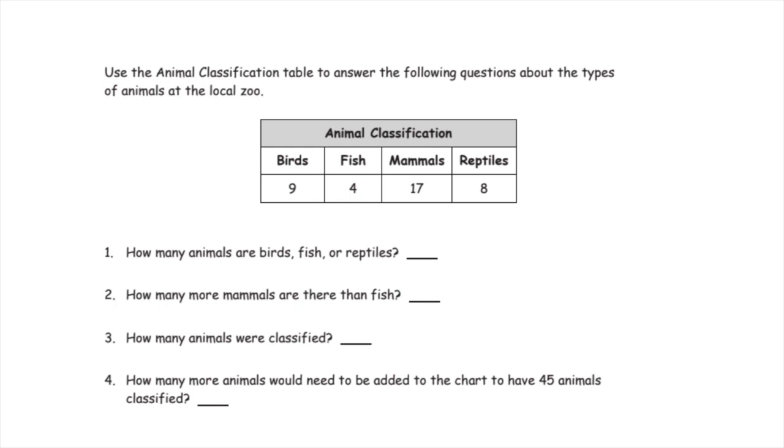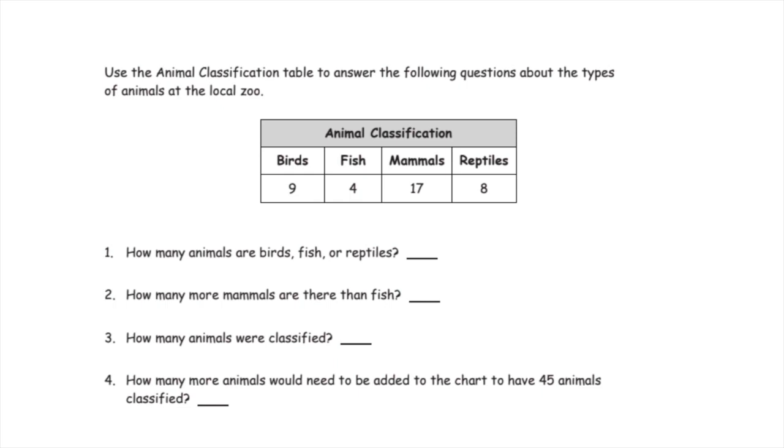You would need to subtract the number of fish from the number of mammals. The third question says, how many animals were classified? To solve this, you would need to add the total number of birds, fish, mammals, and reptiles.